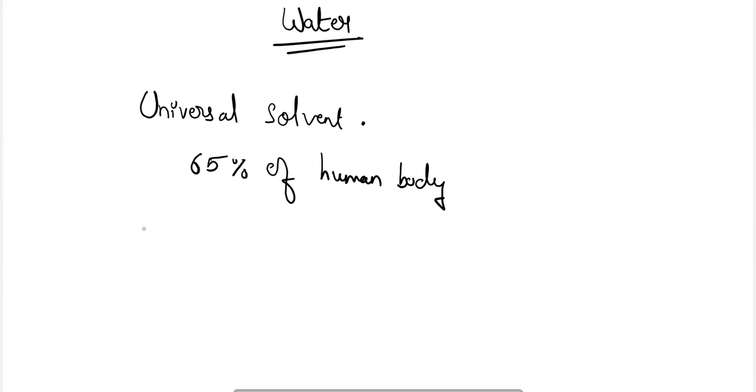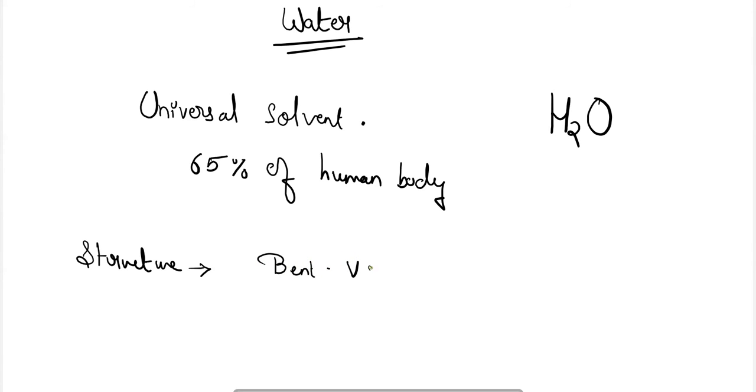So what is the structure of water? First, the chemical formula for water is H2O. Two hydrogens are combined with one oxygen, and the structure of water is bent or V-shaped, also called angular structure.